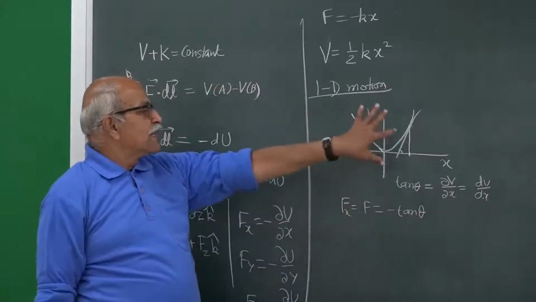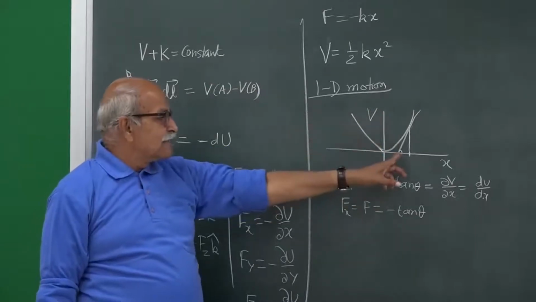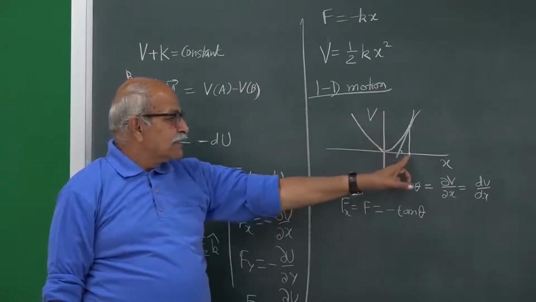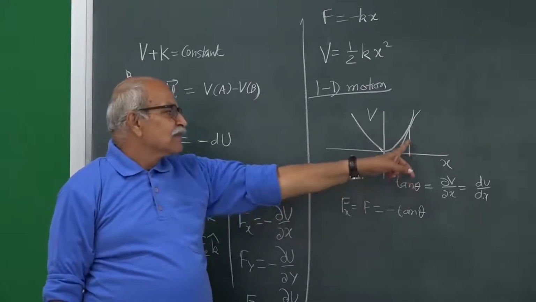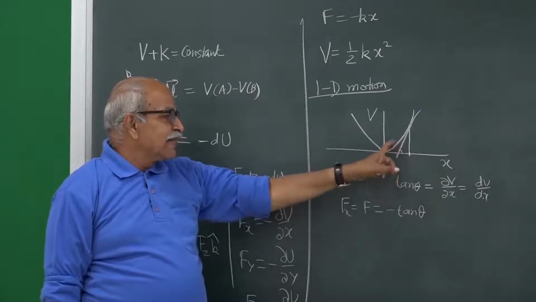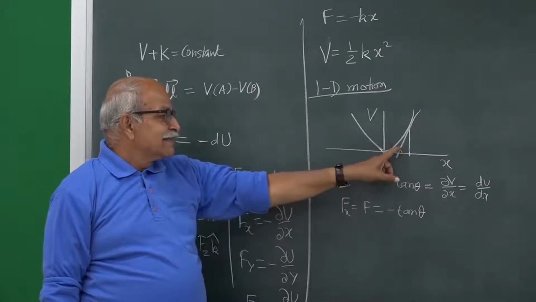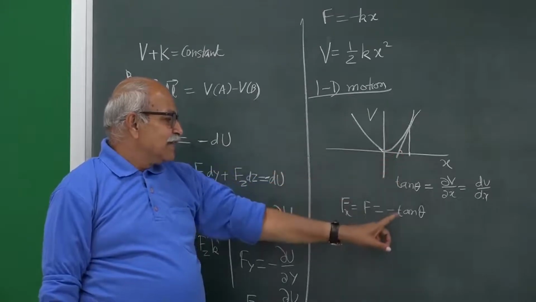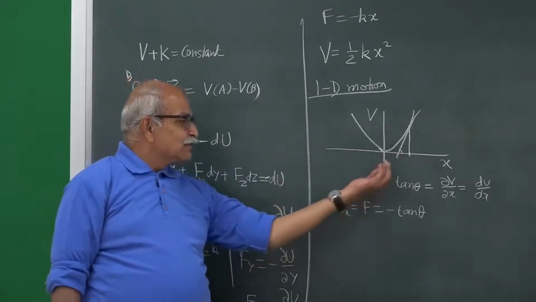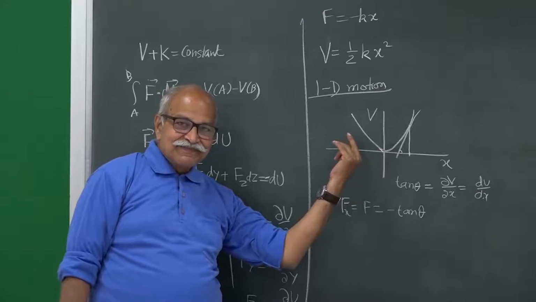So, from this diagram also it comes out that if the particle is here on the positive side of the origin, then the slope is positive, this angle is less than 90 degrees, an acute angle, tan theta is positive, and the force is negative. So, force is towards the origin.